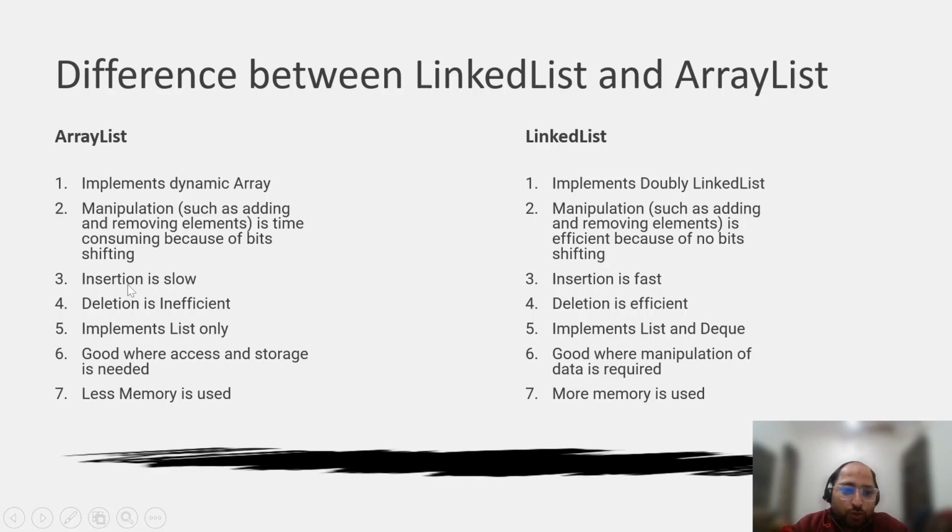Insertion is slow in ArrayList, as I discussed. If we want to add some value at an index, it will lead to bit shifting. That's why insertion is slow. While in LinkedList, insertion is fast, because it is just changing the addresses of the previous and next memory. Deletion is inefficient in ArrayList again, because deleting leads to bit shifting.